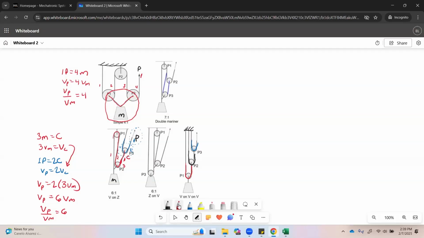So now we need an equation for each rope. So here we've got the mass M. Here we've got the pulling force P. So for the red equation, we look at the first pulley. We will call this P1 A, and then P2 we'll call B, and then P3 we'll call C. So for the red equation, we look at M compared to ropes pulling up there.